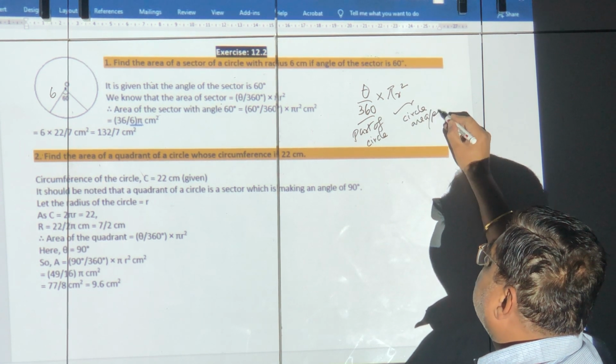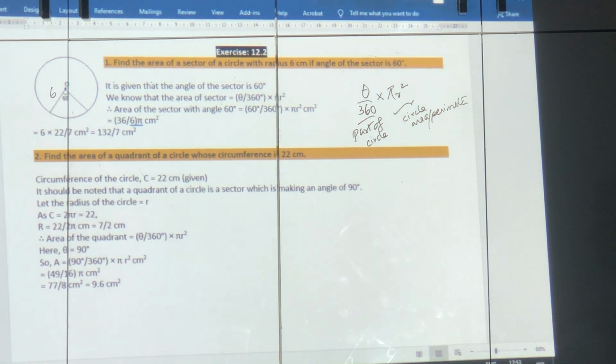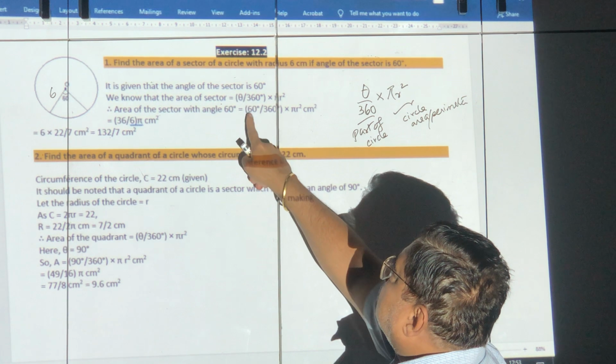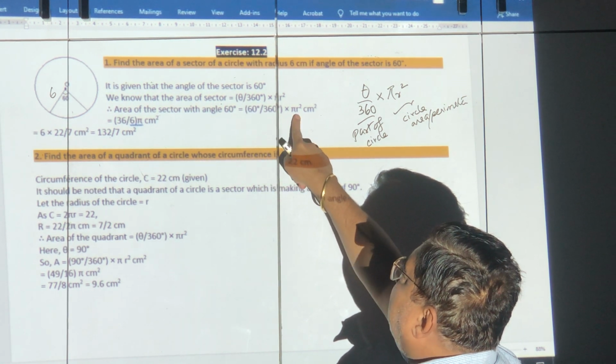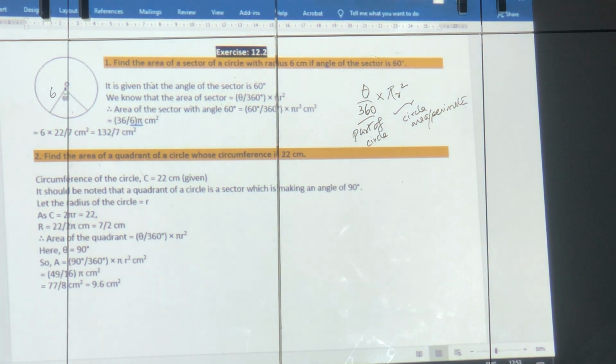Whatever you have to find out, use that. Simple. We have area now. So, theta upon 360 is 60 upon 360 into pi r square, area of the circle. You will get that 132 by 7.